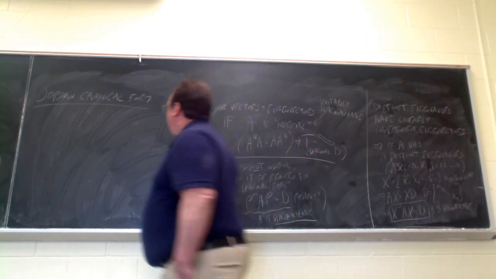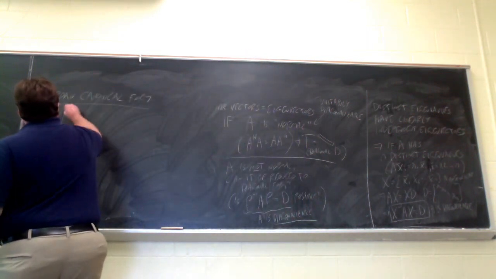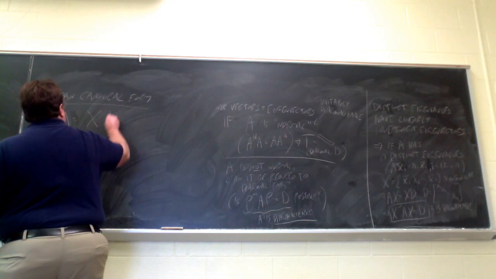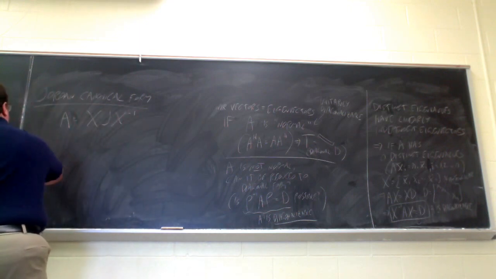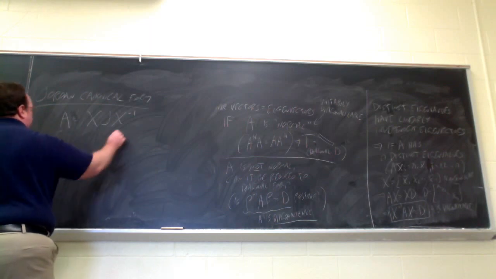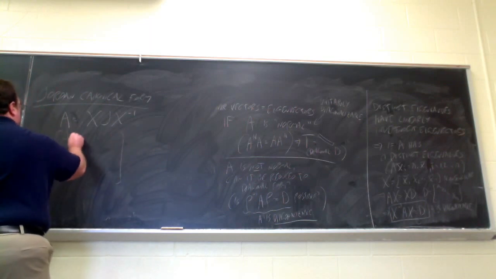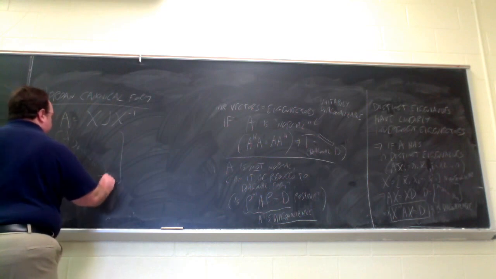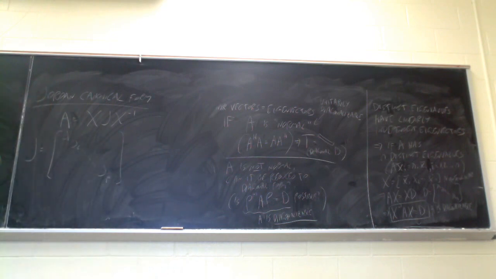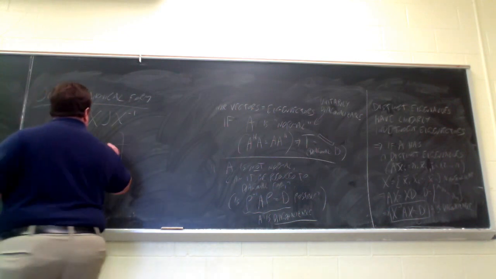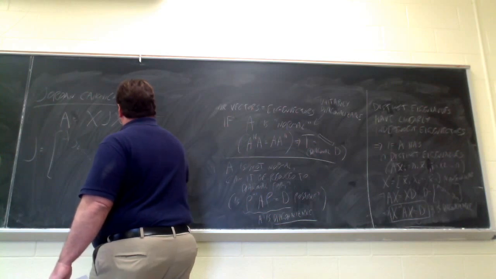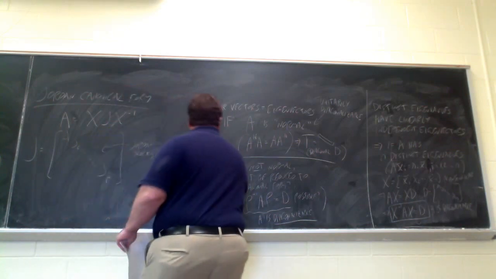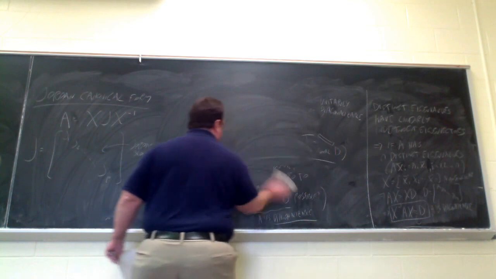The Jordan canonical form is A = X J X inverse, where J has this block diagonal structure, J_1, J_2, up to J_p. These are called Jordan blocks. And here's the structure of each Jordan block.